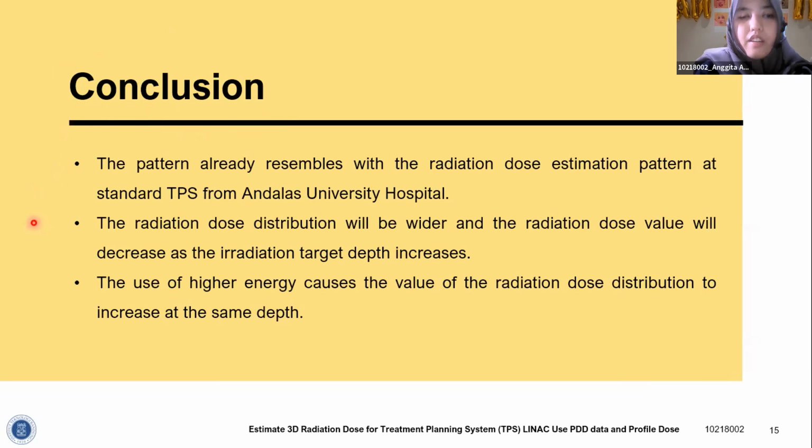And from the figure, we can conclude that the radiation dose distribution will be wider and the radiation dose value will decrease as the irradiation target depth increases. And the use of higher energy causes the value of the radiation dose distribution to increase at the same depth.